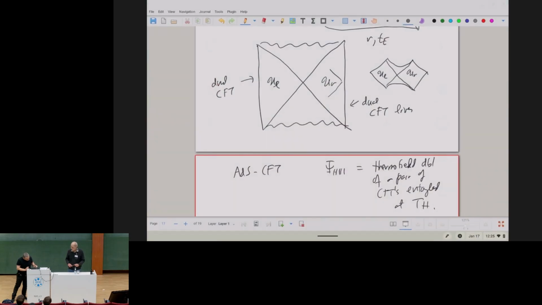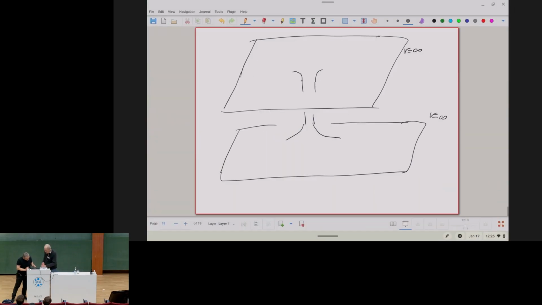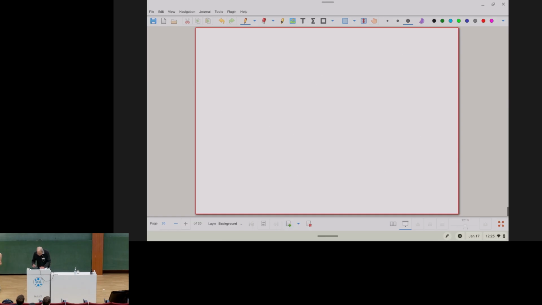So, okay, thank you. I can draw it again, but I hardly know what to tell you. Here was Rindler space. The black hole looks the same, except it's cut off.